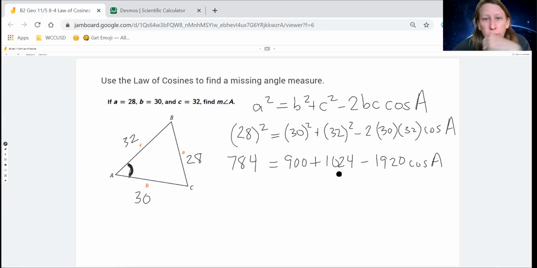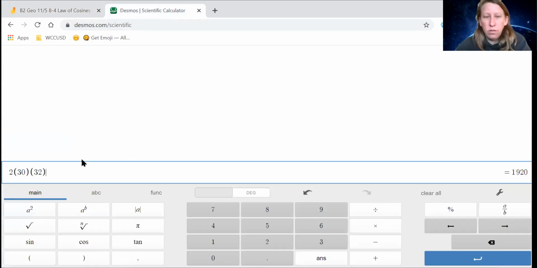So what I'm going to do first is add these together. Try to simplify this as much as I can. I'm going to do 900 and 1024. 900 plus 1024. 1114.